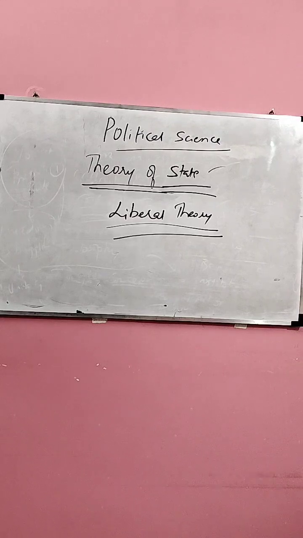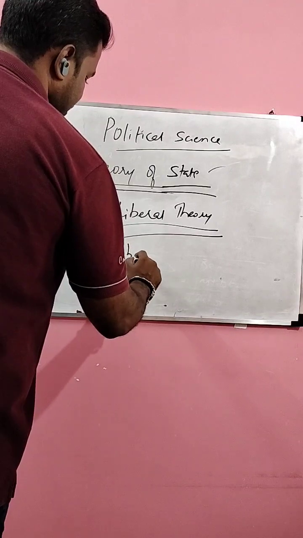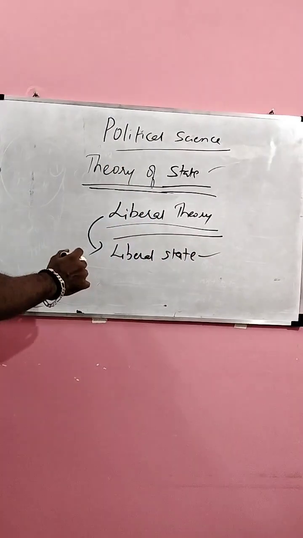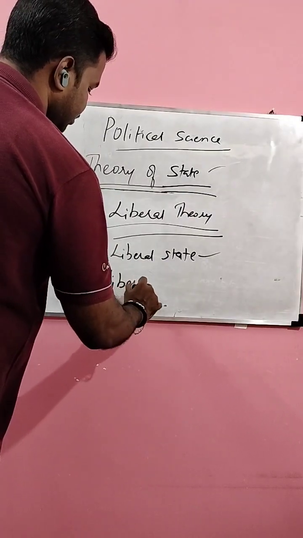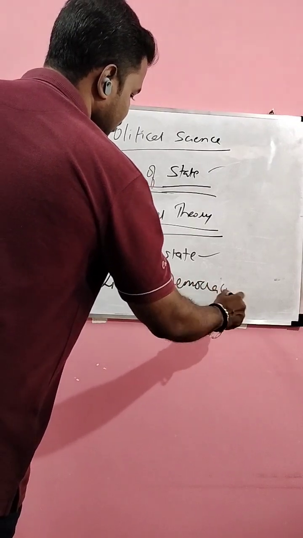Today, most of the modern states in the world are liberal states. The predominant political institution seen in the world today is liberal democracy. So liberal state is the dominant form of state seen today across the world. The institution associated with the liberal state is liberal democracy.